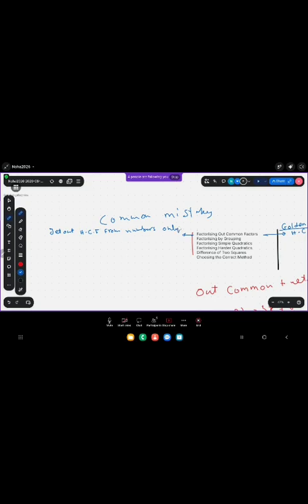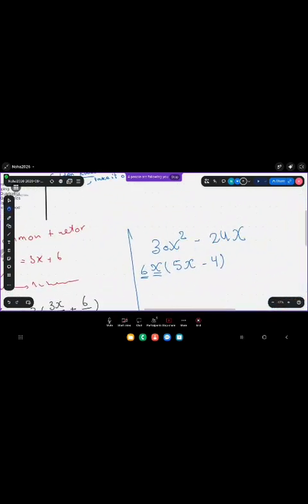Okay? And you have to factorize fully. If you don't factorize fully, what does it mean? Like this question, if we have 30 and 24, we can say, yeah, both of them are even numbers. We can take common factor 2. No, it's not right. Why is it not right?